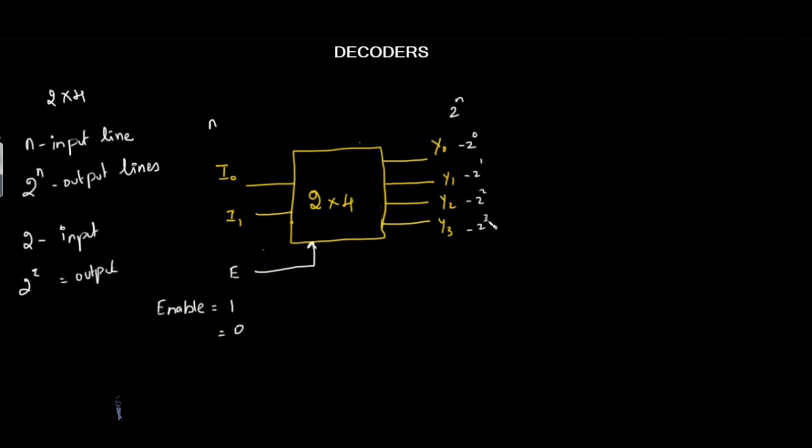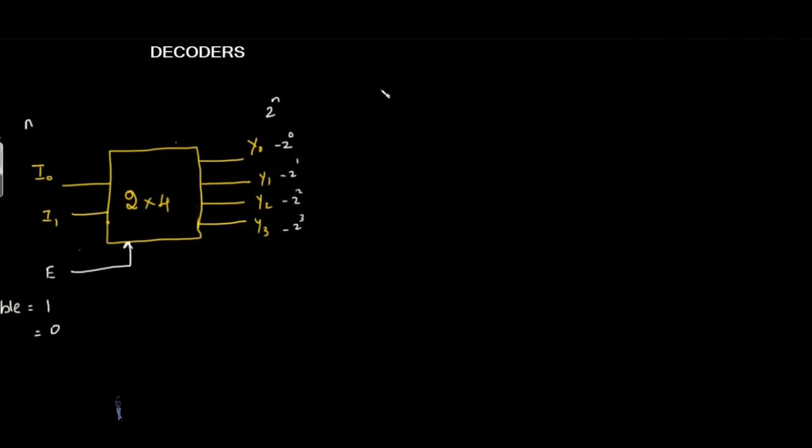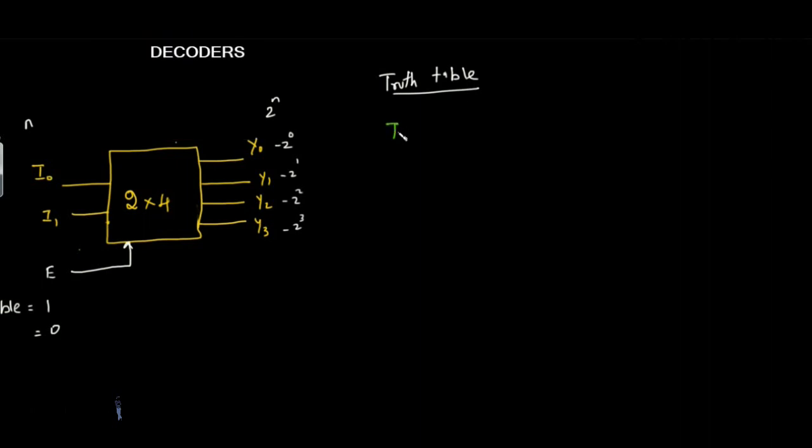Let's see how this decoder works using a truth table. I'll write it here, the truth table of a 2x4 decoder. These are the inputs, I0 and I1, in a different color, and one more input, the enable.